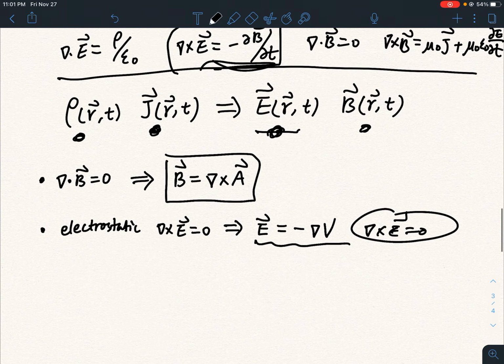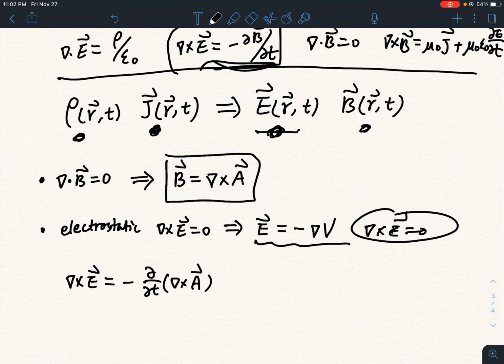So how do we do that? We can do some tricks here. You see del cross E, because B is now del cross A. Because these are derivatives with respect to position and with respect to time, we can move them around.